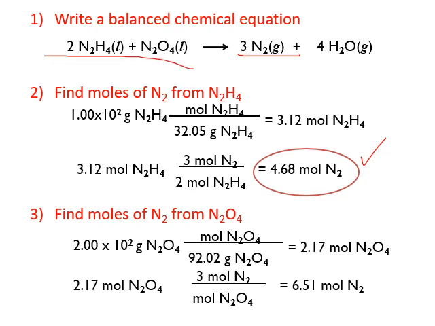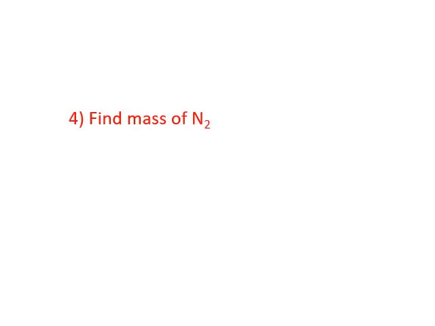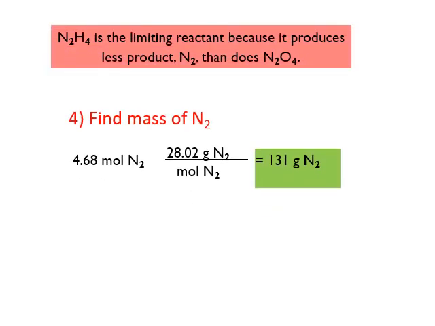So it gives you less amount of mole for nitrogen. Okay, that will give you this value. Find the mass. Okay, just multiply by the gram of nitrogen, 28.02. Nitrogen is 14 something, 14.01. So 28.02. So you get 131 gram of nitrogen. Alright.